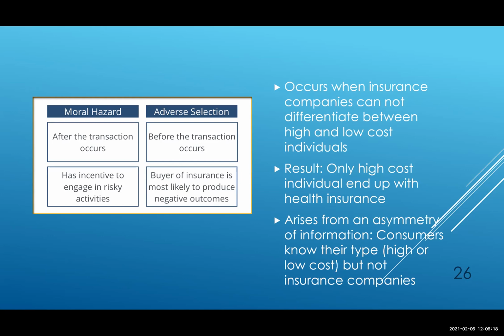And this is why when the mandate was basically taken away, or the penalty was dropped to zero, a lot of people's healthcare costs rose, because insurance companies assumed, and rightly so, that only the sick or older people would be getting insurance.